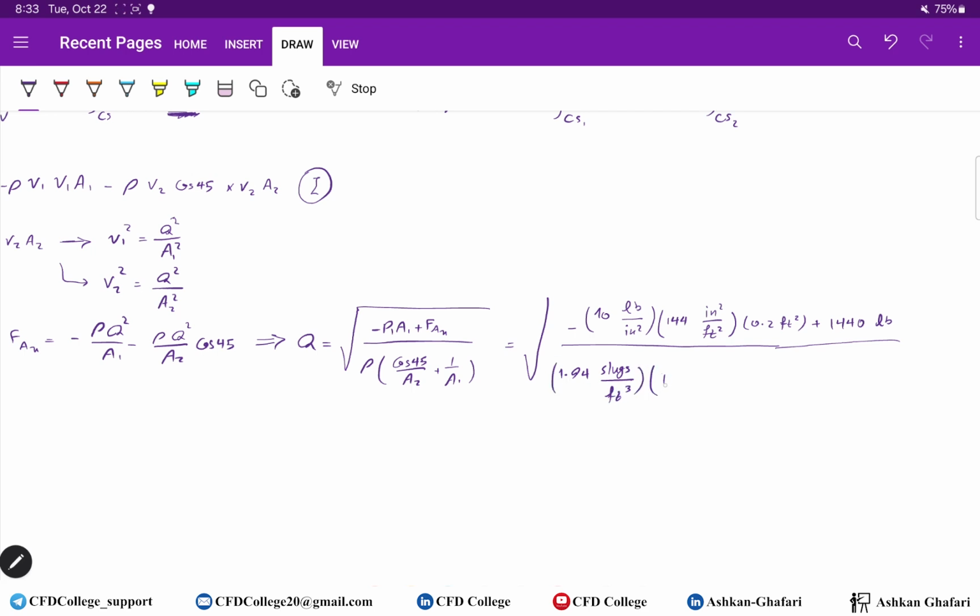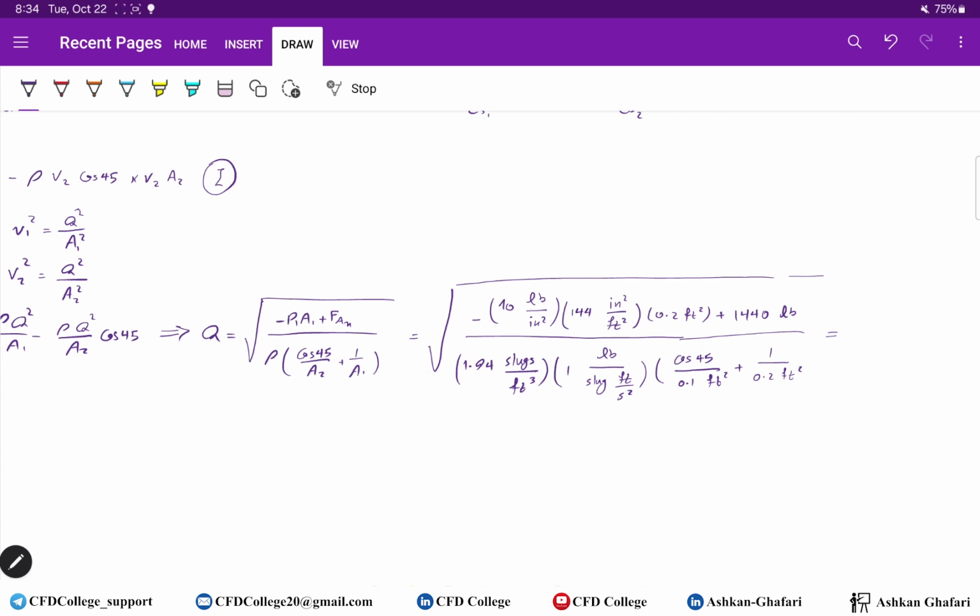You should convert 1 pound to slug feet per second square, and cosine of 45 over 0.1 feet square plus 1 over 0.2 feet square. From this you can find Q. So Q equals 7.01 cubic feet per second.